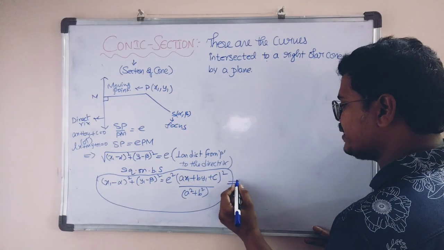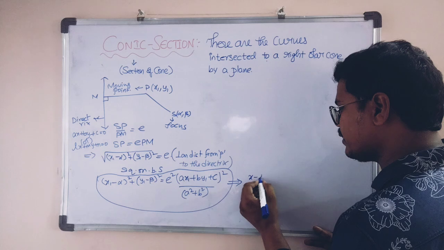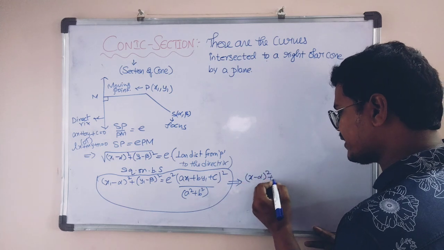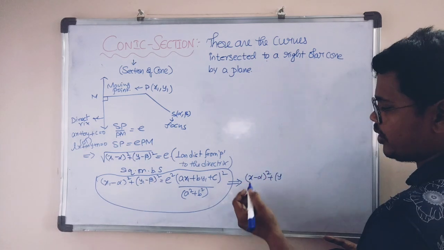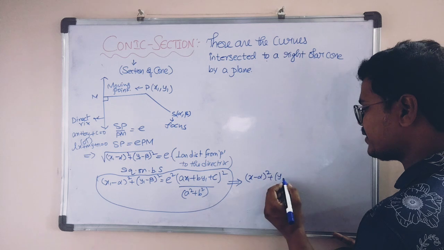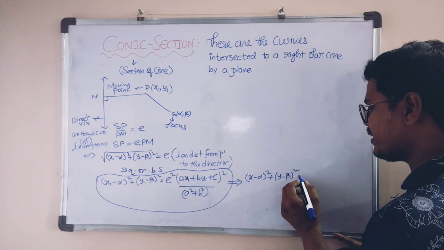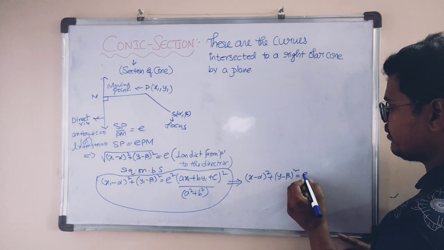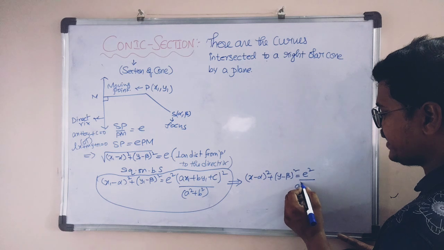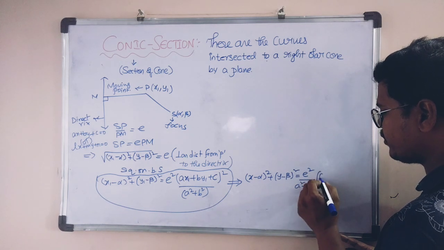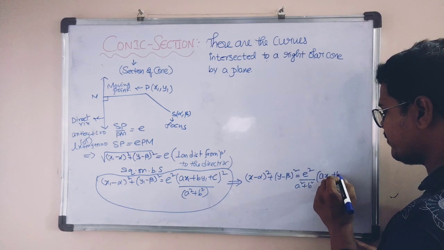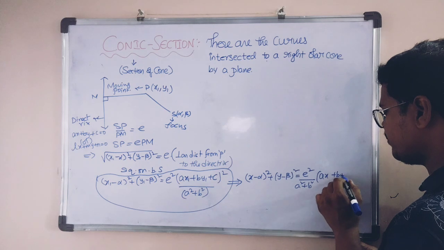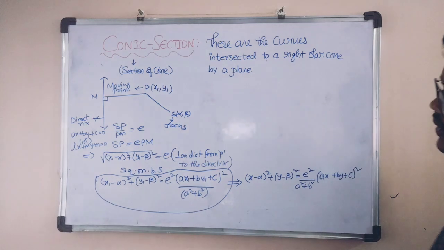This will be the required locus. The locus of P: (x1 minus alpha) whole square plus (y1 minus beta) whole square equals e square by (a square plus b square) times (ax plus by plus c) whole square. Do you all catch my point?